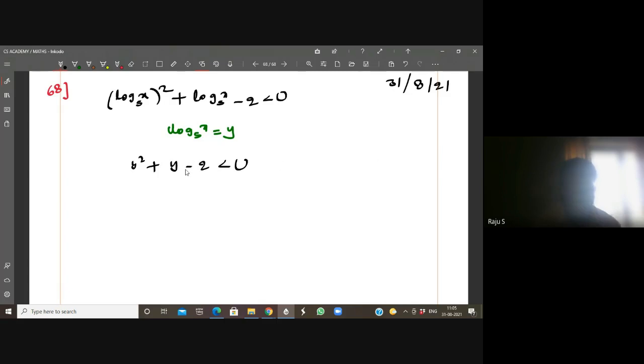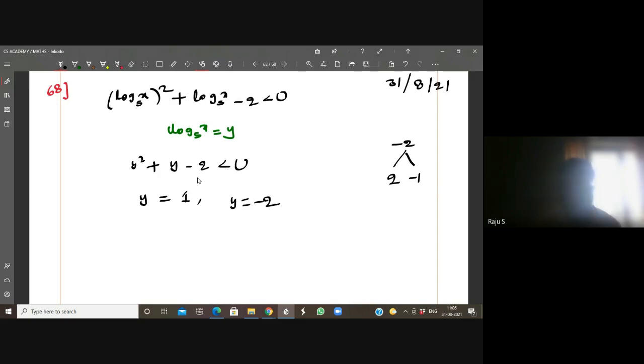So what are the factors of minus 2? Shall I take 2 comma minus 1? Then the y values become y equal to 1 and y equal to minus 2. Am I right?